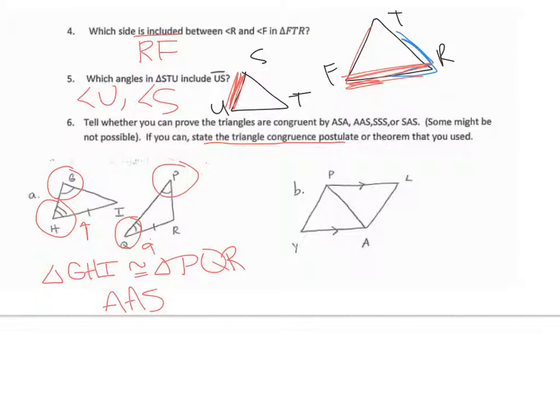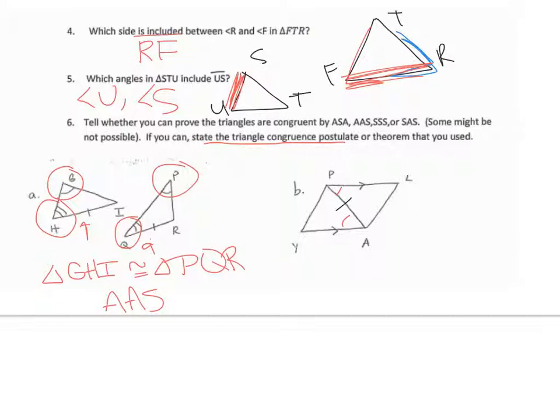And then letter B, this means that they're parallel right here, these arrows. So I'm going to mark, I know that this is congruent to this because they're alternate interior angles. And I also know they share a side length right here. AP is congruent to AP. So I only have an angle and a side, so I don't have any other information.